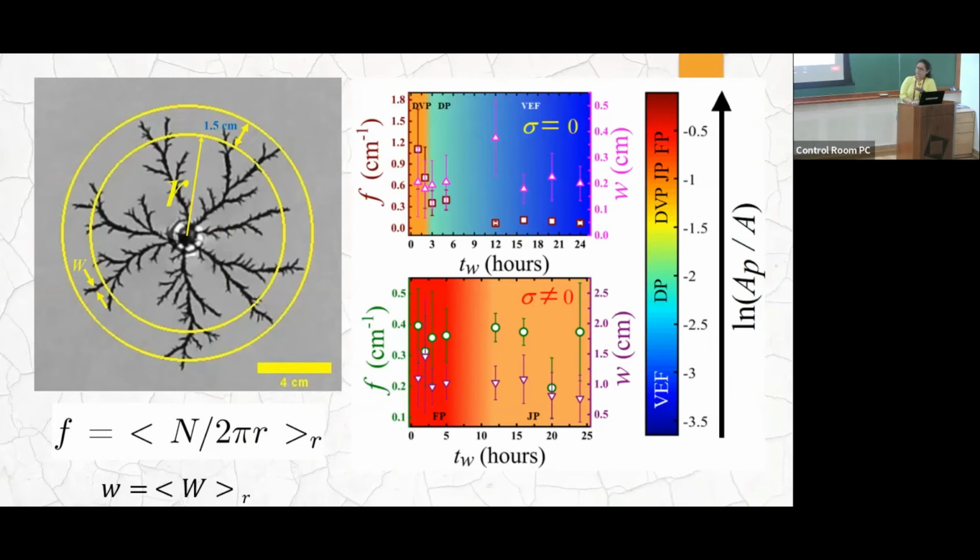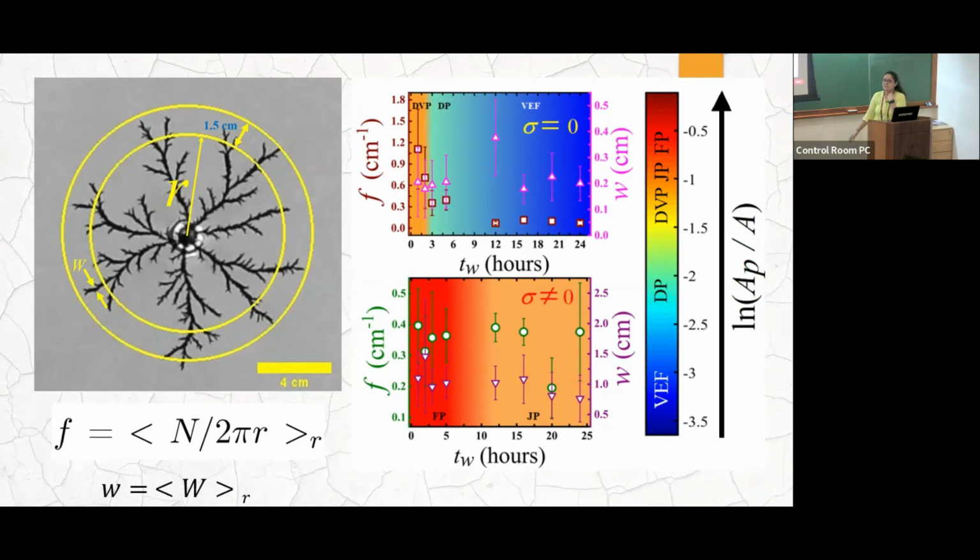The other parameters we have also calculated, but due to the time constraint, I'll just quickly tell you. We have calculated the average branch frequencies, like the number of branches in a region of interest, a torus of width 1.5 centimeter, and also the average branch width. In the case of DVP to VEF, on the top right you can see the branch frequency, the brown squares.